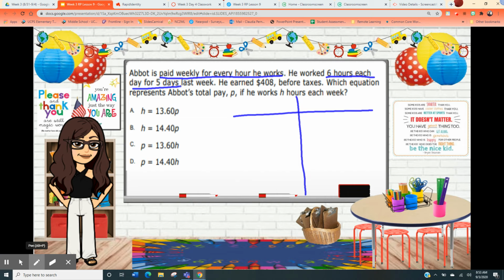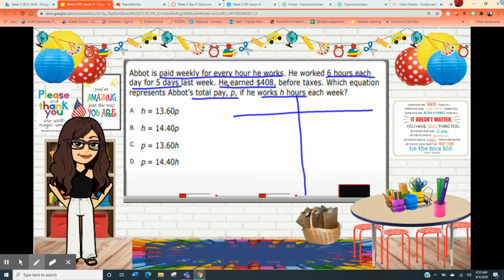He earned $408. Which equation represents his total pay if he worked H hours? So we're looking at P as total pay. So we have to figure everything out to equal P.